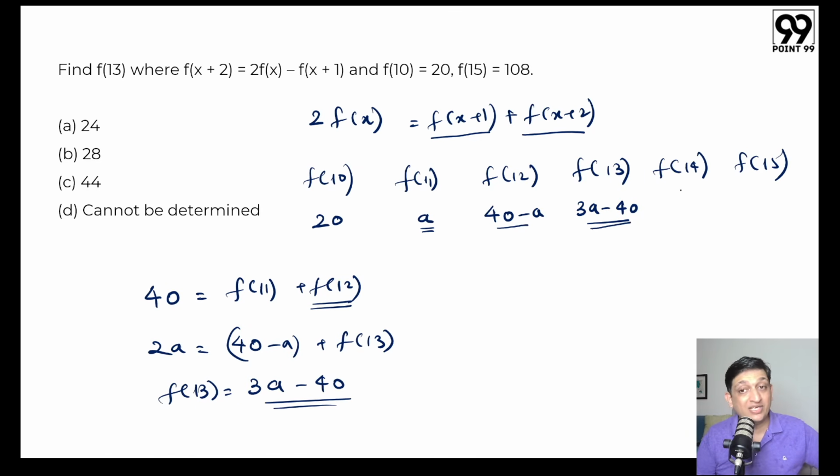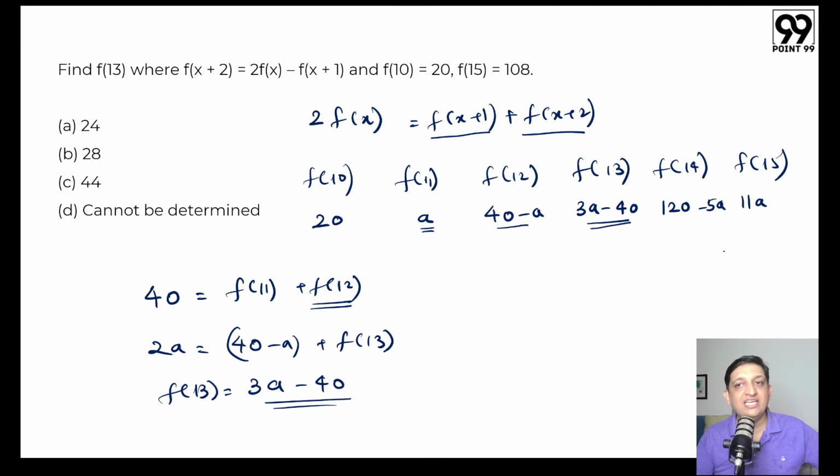Now you will be able to figure this out as well very quickly. I need 80 minus 2A. Now if I need 80 and I already have a minus 40, I need to have a positive 120 here. And I also need a minus 2A here, but I have a 3A here. So what will I have to do? I will have to subtract a 5A from this. Now same thing I can do here as well. I need to get 6A, but I have minus 5A. How do I come to 6A from minus 5A?